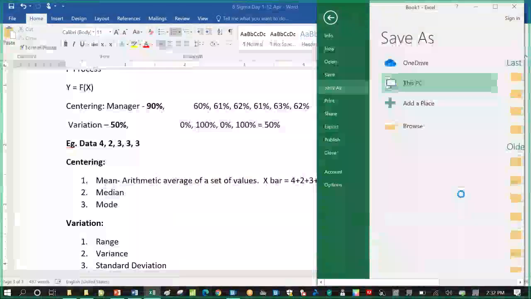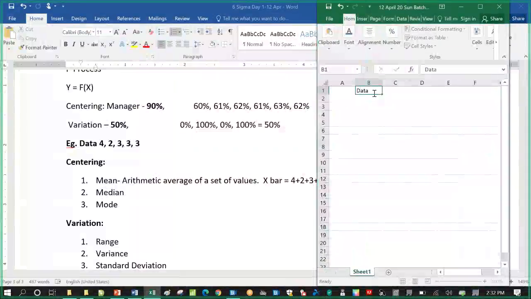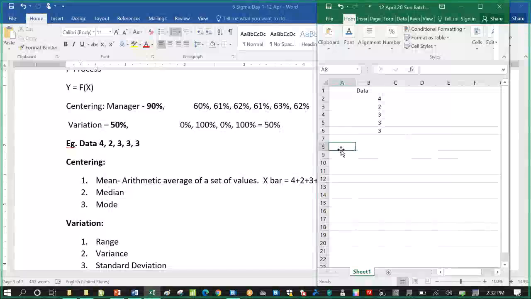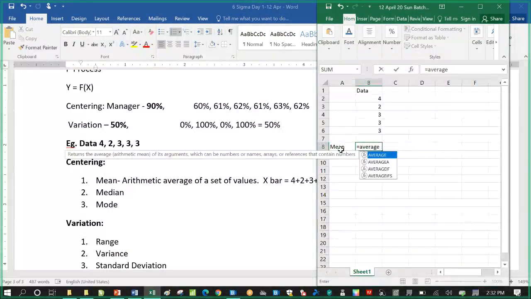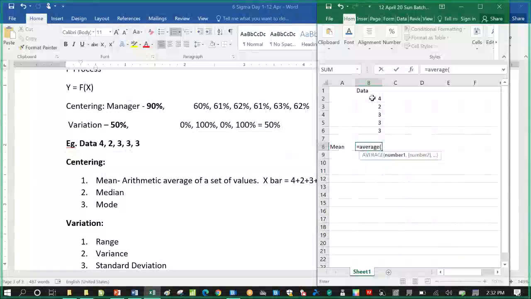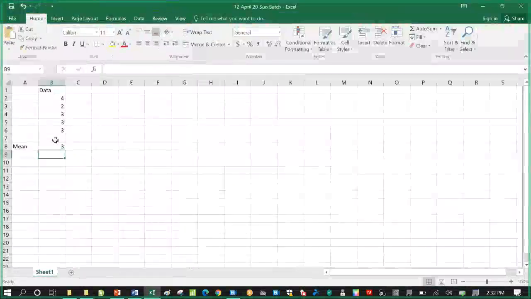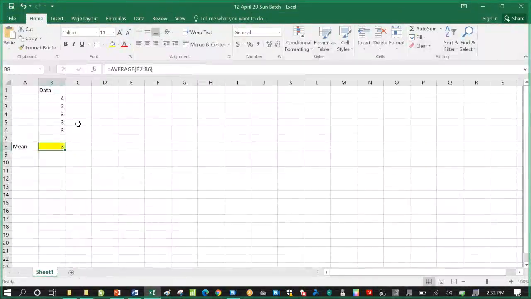Suppose I have data here like 4, 2, 3, 3, 3. First is mean, so mean is average. You put this formula, average, and select the data. In case you want to know how it is, you can ask me, and I will go slow and explain the formula again.